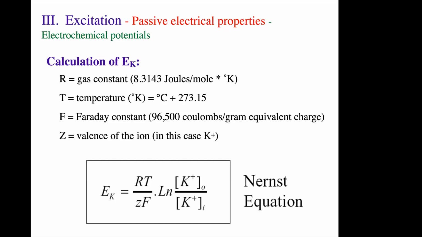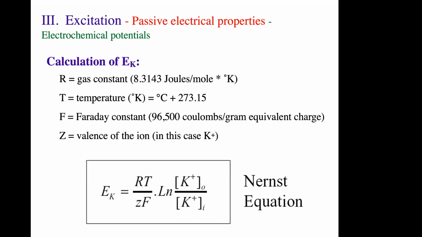Okay, this is times the natural log of the ratio of potassium outside the cell relative to the inside of the cell. That's the equation. Now, you can use this equation to calculate the contribution of single ions, such as in this case potassium, to the equilibrium potential of the membrane, or you can calculate all of the ions together.